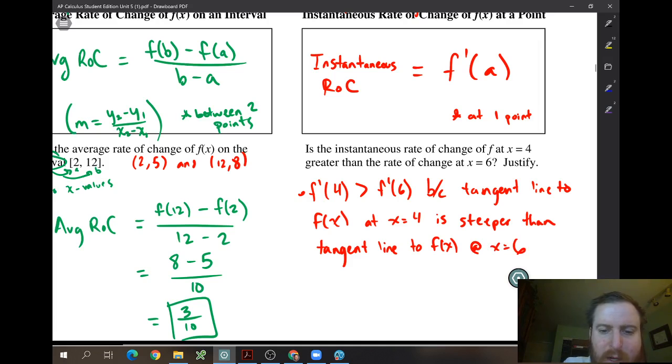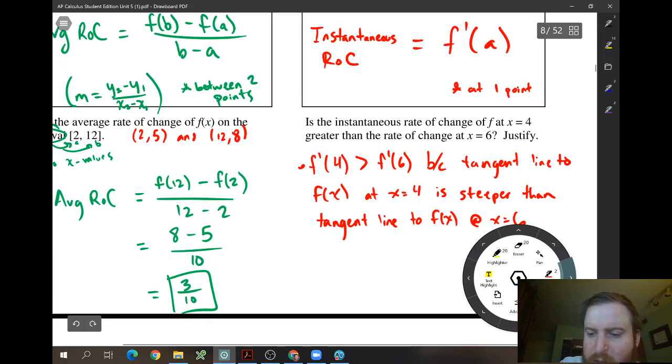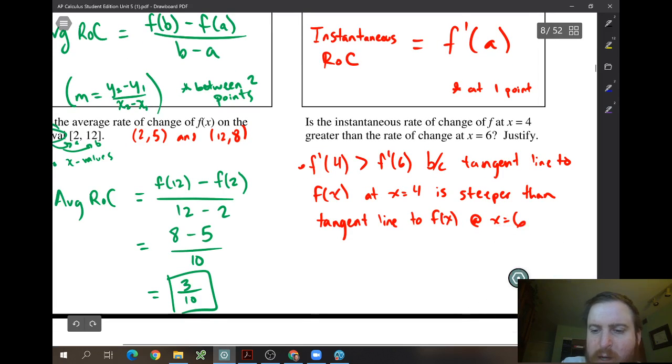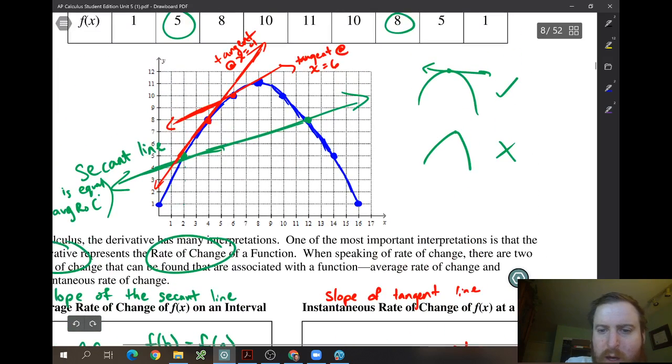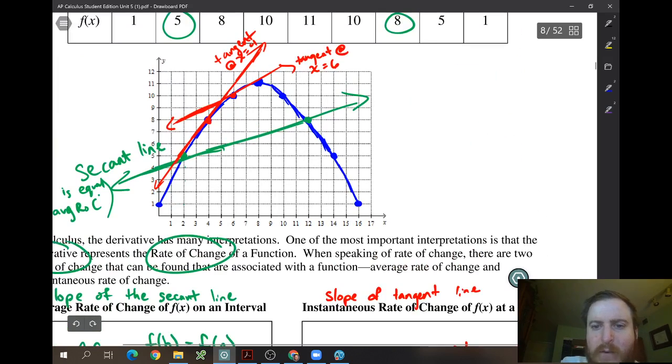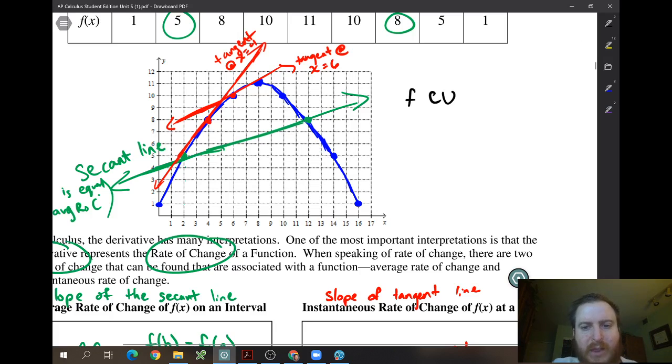There's a second explanation I do want to touch on. This would have to do with concave up and concave down, right? So what does concave up and concave down represent with the derivative? If f is concave up, f double prime is positive, but the other connection we made is that f prime is increasing.